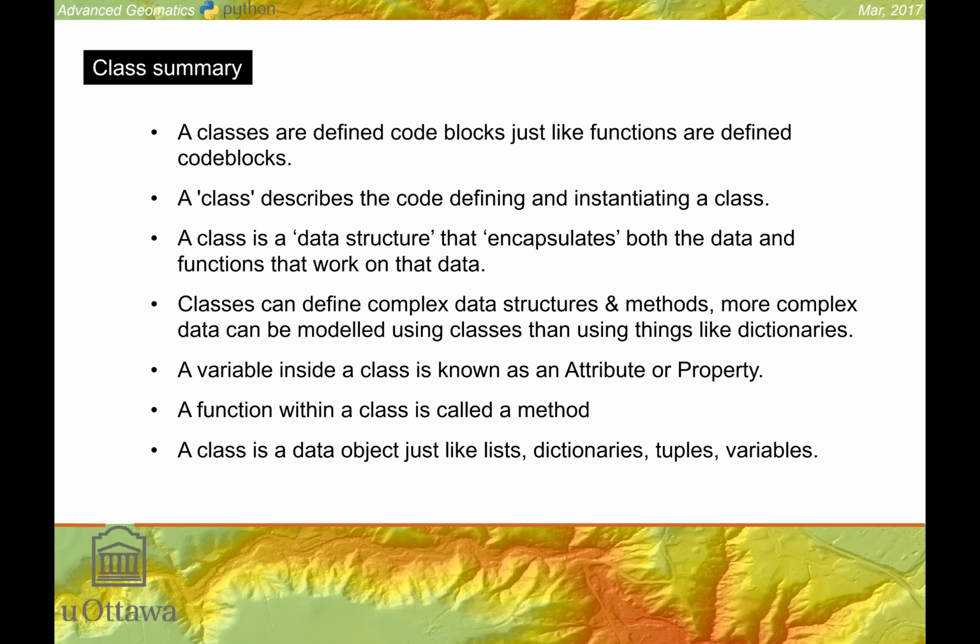A variable that's inside of a class is called an attribute or property. So that's just the terminology for variables inside of classes. A function is called a method inside of a class. It's a function that does something on class properties or methods or inputs to the class properties or methods.